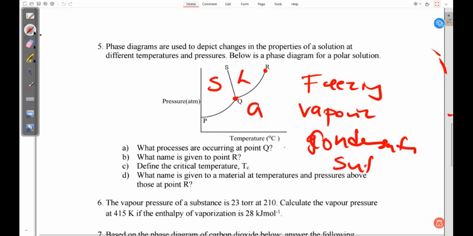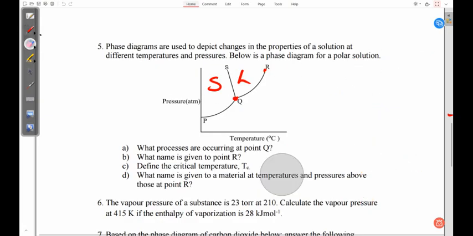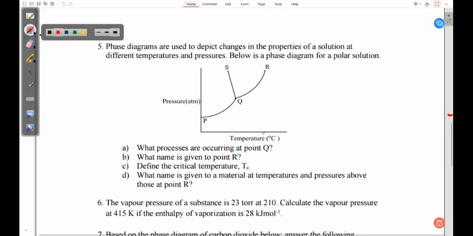Sublimation, which is directly from solid to gas, deposition, which is gas to solid, okay, melting, which is solid to liquid. So you see that all these six processes can occur at that point. So since all the three phases coexist, it's safe for us to say all the six processes, the ones that I recently listed, occur at the point Q.